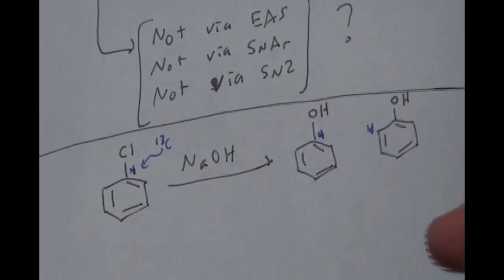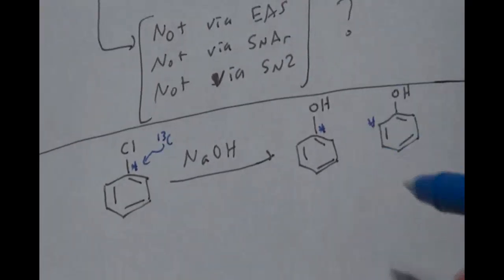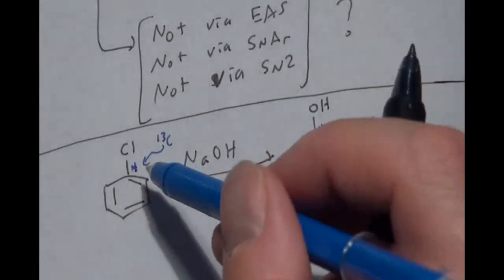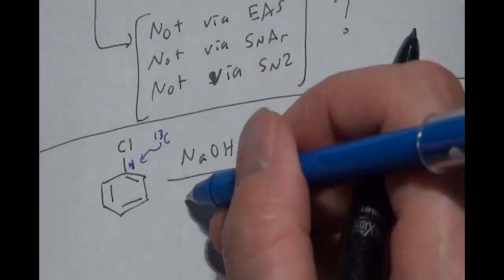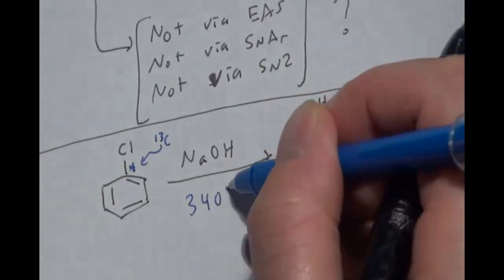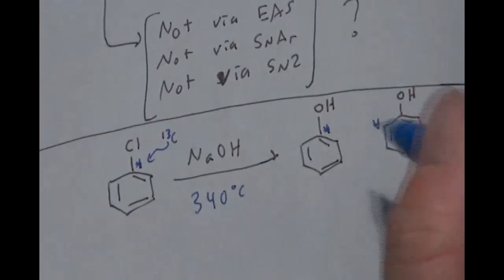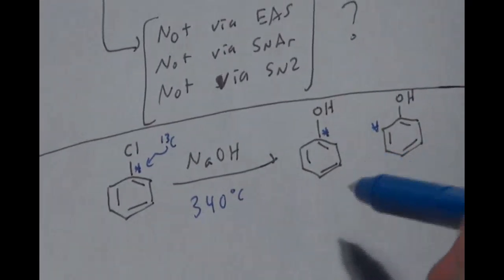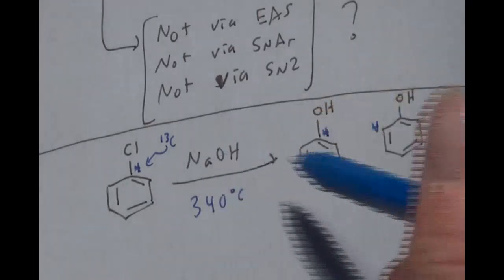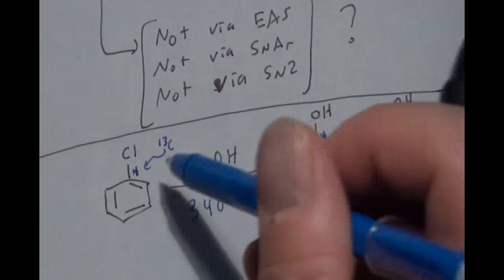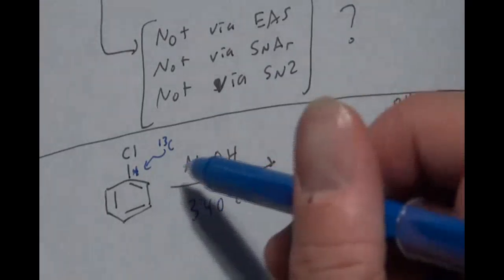So that's weird. How could that possibly make sense if one carbon's labeled, you know, hydroxide somehow changing the chlorine, and we're also at 340 degrees, so we're still very hot. Somehow the mechanism will allow the hydroxide to attach to either one carbon, or maybe the neighboring carbon.